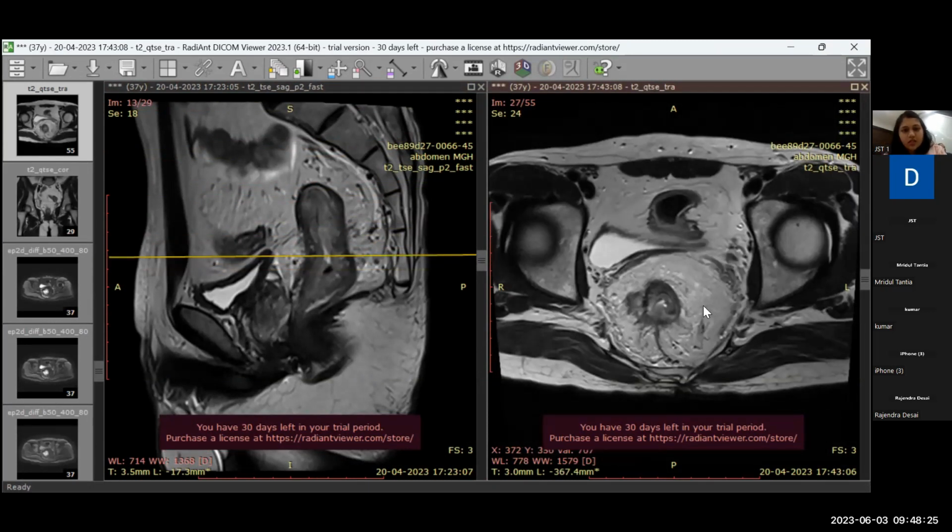So this is not a primary staging. This is a post-treatment staging, as far as I remember.